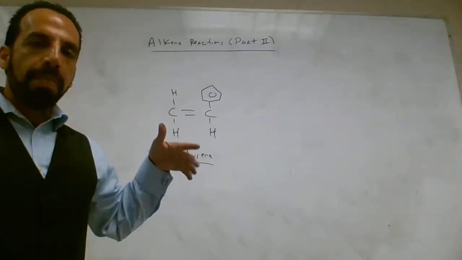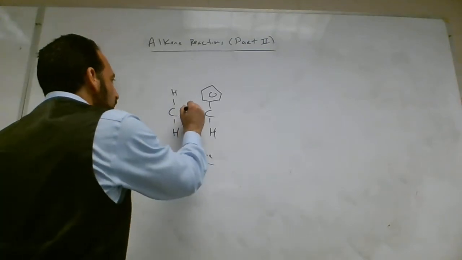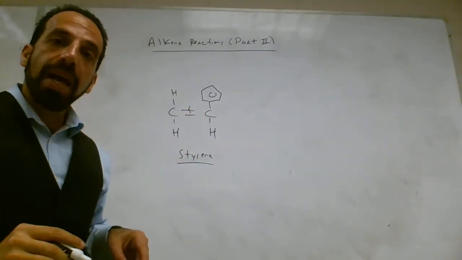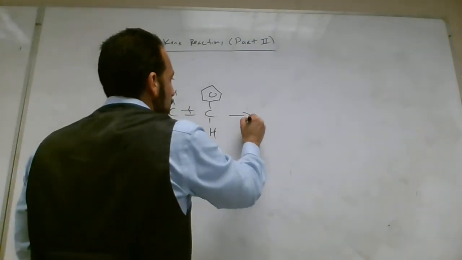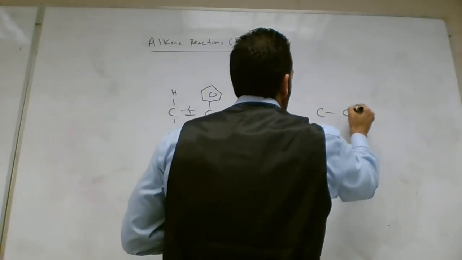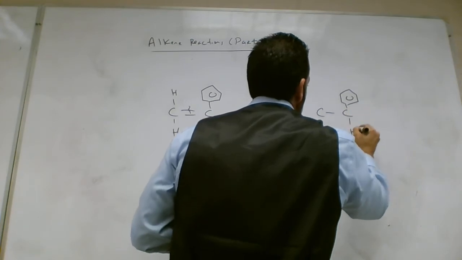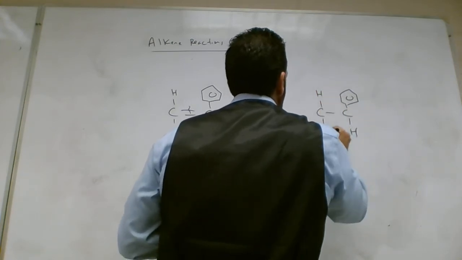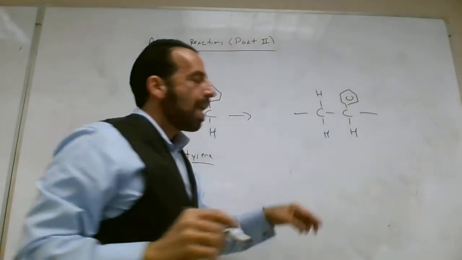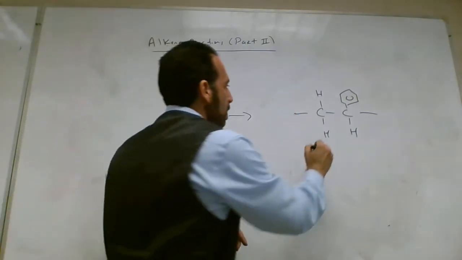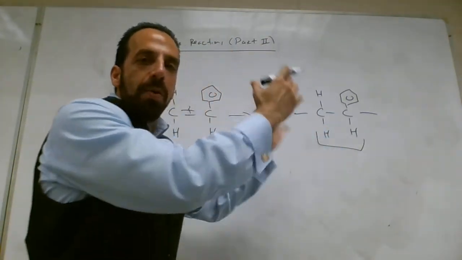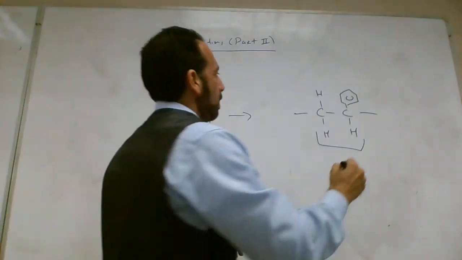So I'm going to heat it up, high pressures, etc. I break apart these double bonds now, and I form two single bonds. And then what happens is, this is a monomer. That unit repeats itself throughout.